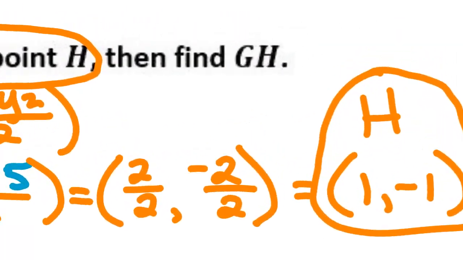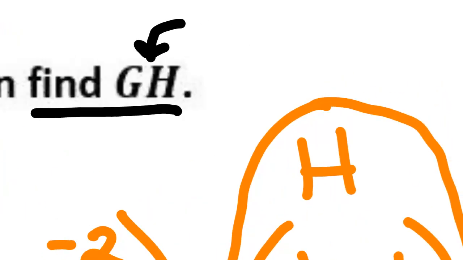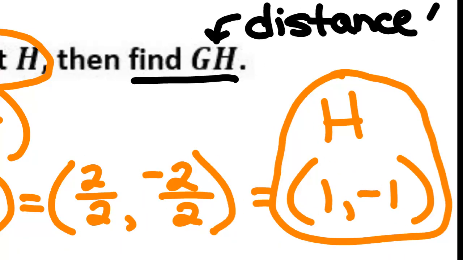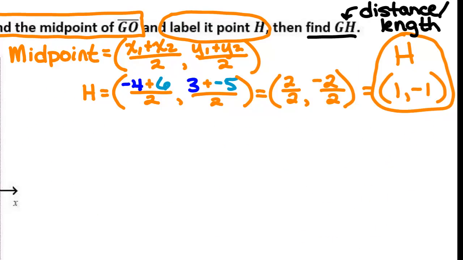Then find GH. What's it mean again when there's nothing on top? Find the distance or the length. Distance and length get used interchangeably. And we're going to find the distance or the length from where to where?